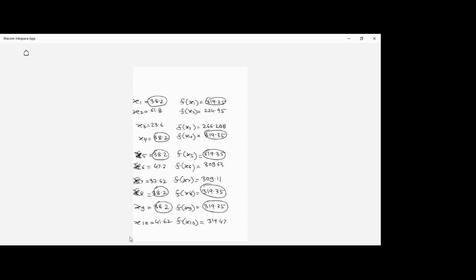It's not necessary that only 38.2 will repeat; it could also be 61.8 or 23.6 that gets repeated in the next stage. So at least one point is going to get repeated in every pair, and the functional value at that point you have already found in the previous stage. So no need of finding out that particular value, you can directly copy.